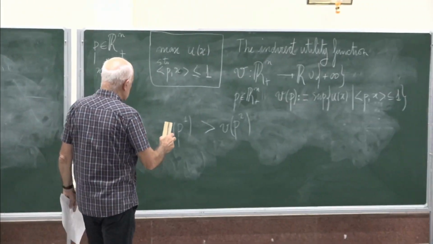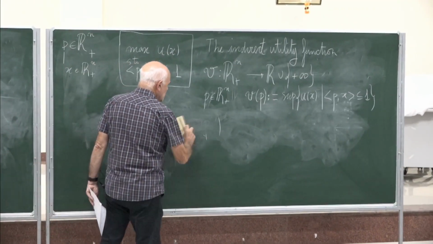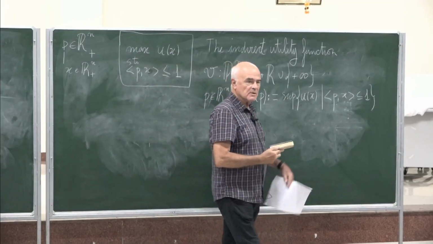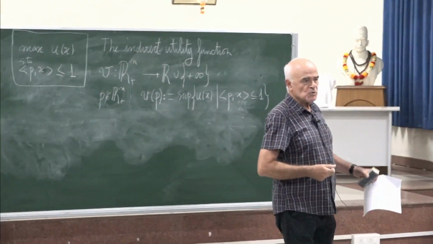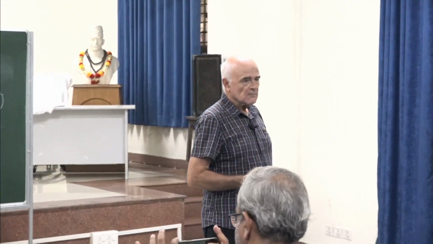Now, what did we do in producer theory after introducing the cost function? Then I gave a theorem saying the cost function satisfies properties 1, 2, 3, 4, 5.